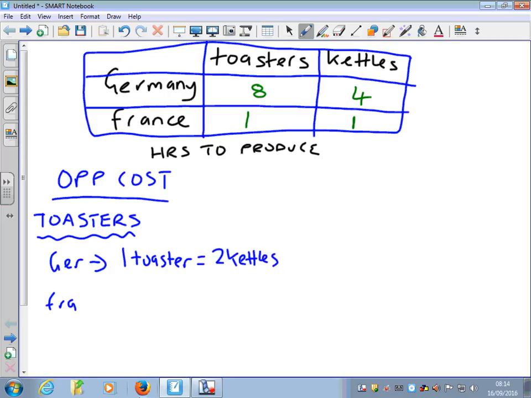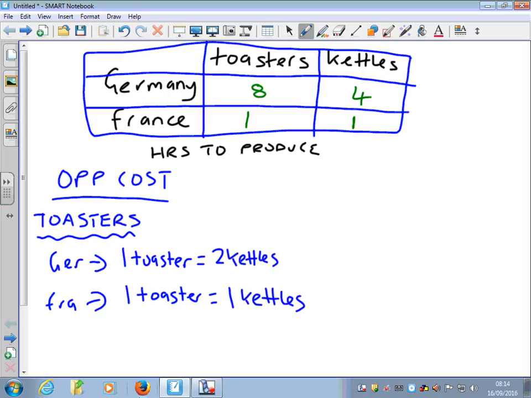Okay, simply because it takes 4 hours to make one kettle, so in the 8 hours to make a toaster, you can make 2 kettles. In France, one toaster is 1 kettle. Okay, so for every kettle that is made in France, they lose 1 toaster and vice versa.